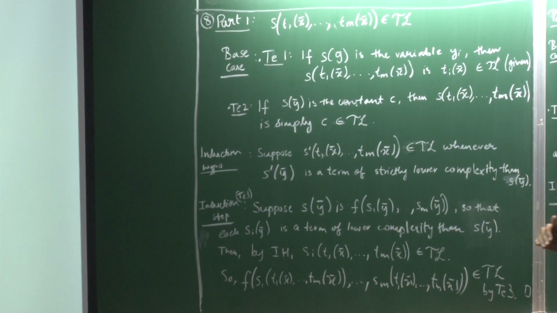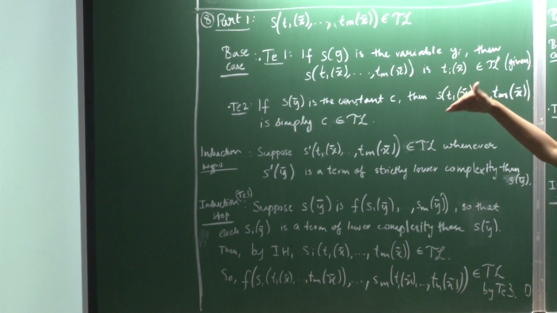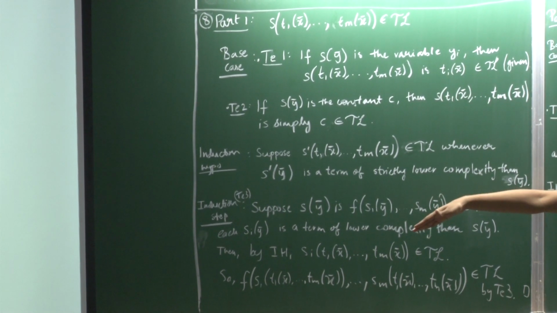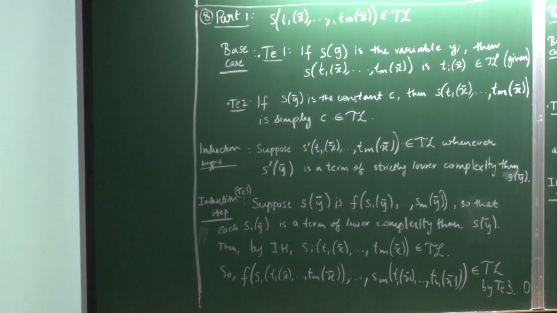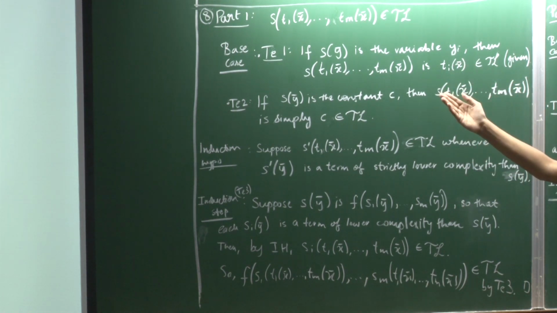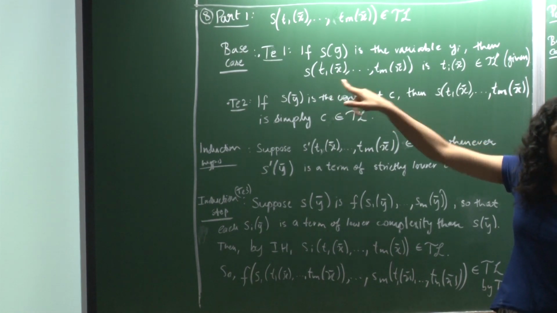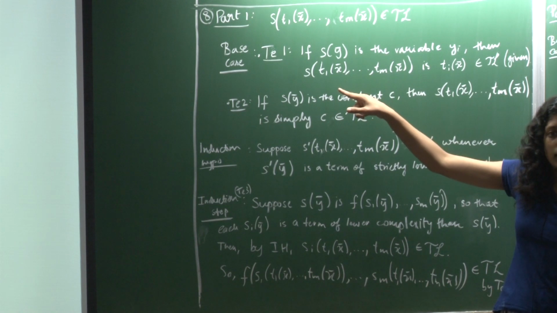When you're doing induction on terms, your base case will consist of TE1 and TE2, and your induction step will be TE3. TE1 talks about the variables. If your Sy bar is simply the variable yi, then what will you get if you apply that term to any number of variables?